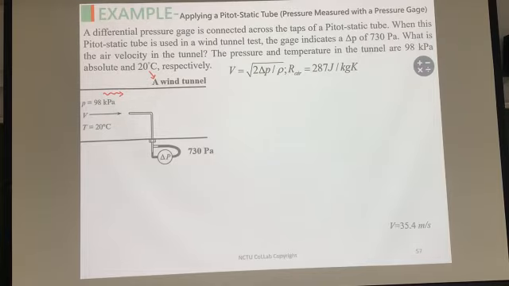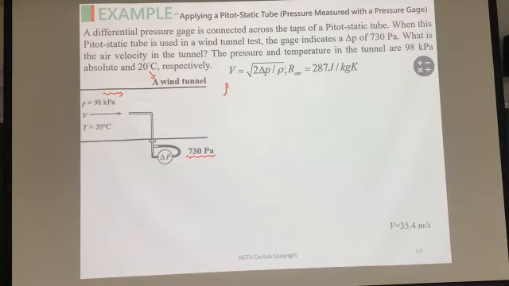Because there is some airflow in the tunnel, we put the Pitot tube inside, and the question directly tells you how large the delta P difference is. So we exactly know the delta P in here.